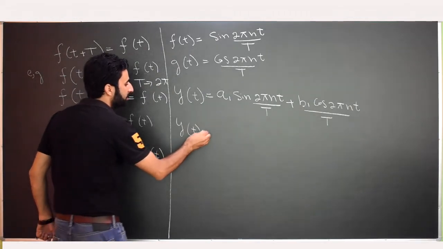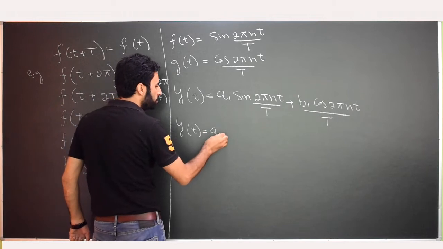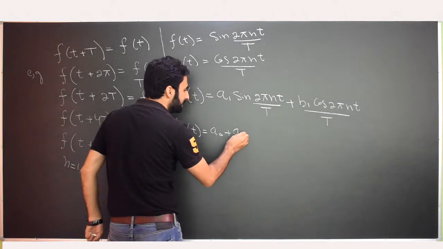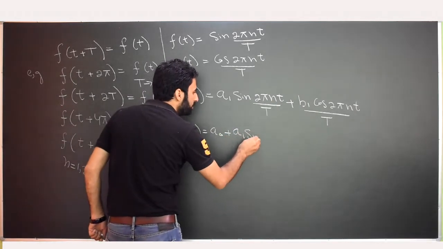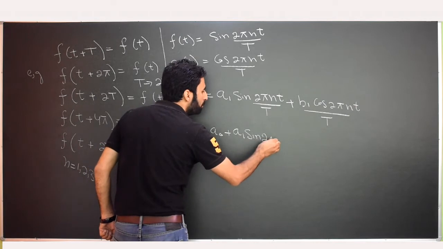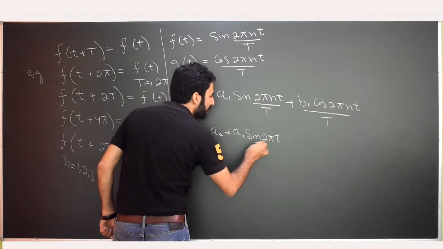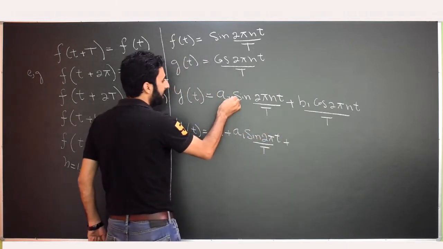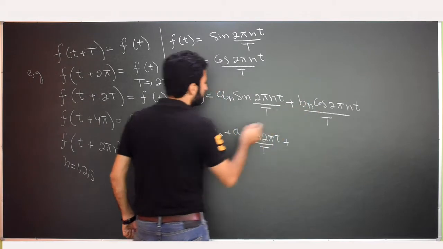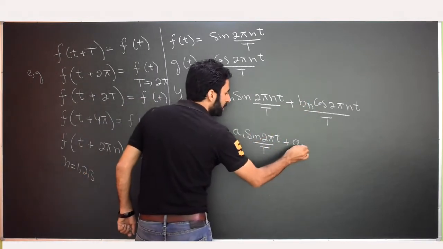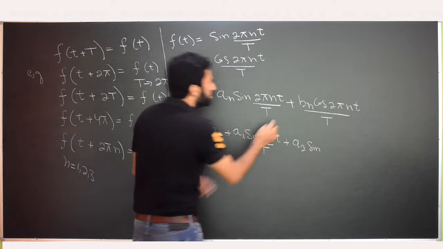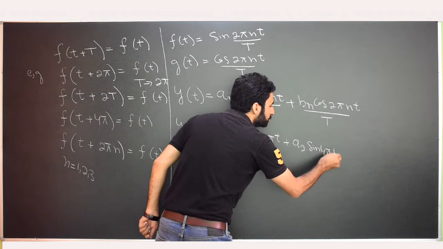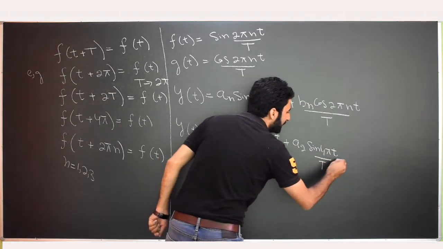Y of t may be equal to some a0 plus, if we have a1, let's give n equal to 1, sine of 2 pi, n is 1, t by capital T, then giving value of n as 2, we can write an and bn. Giving n as 2, we'll have a2 sine of 2 pi into 2, that's 4 pi into t divided by capital T, and it will continue.